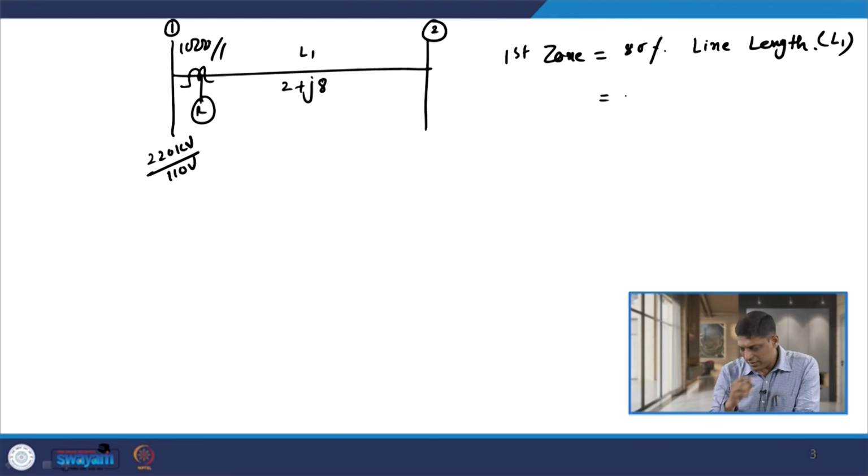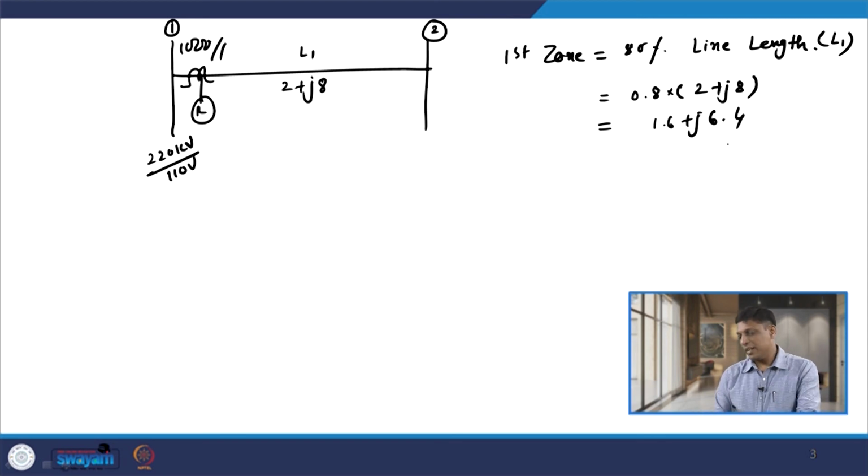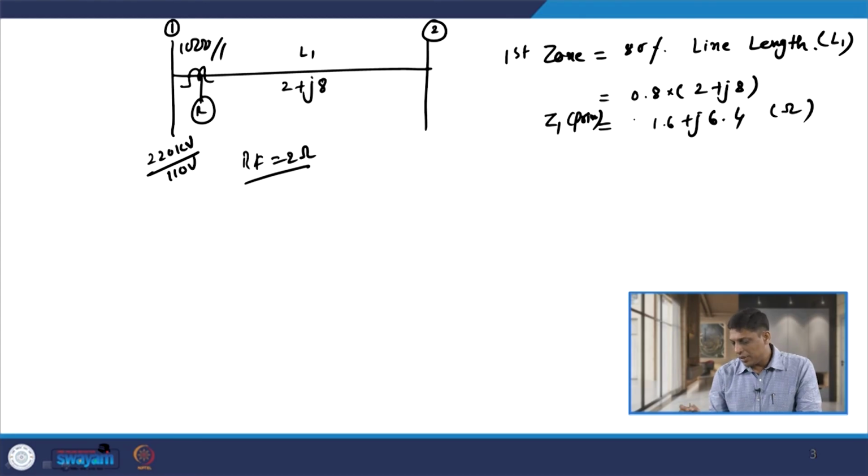If I take 80% of 2 plus J8, it comes out to be 1.6 plus J6.4 ohm. Now, if I say this relay is capable of including RF equal to 2 ohm, then this is your Z1 primary, of course, a primary value because you have calculated it.